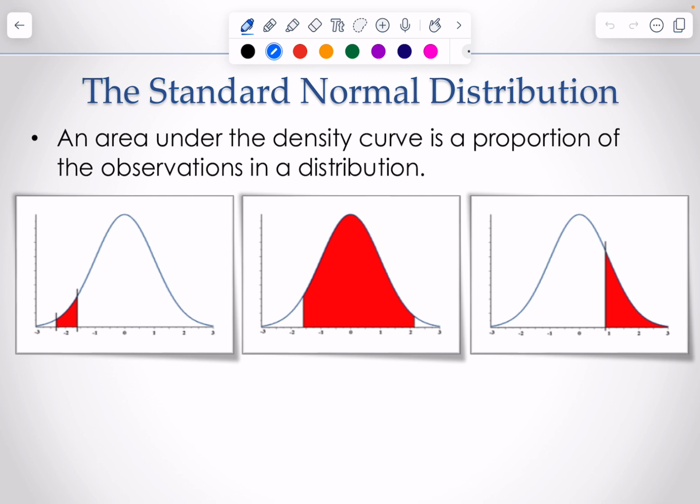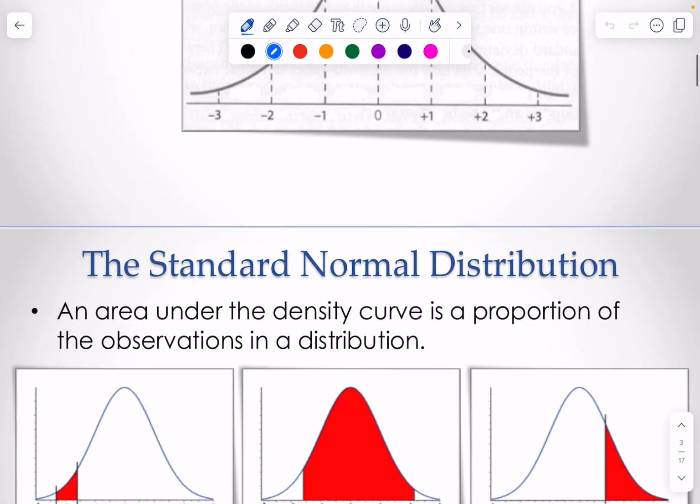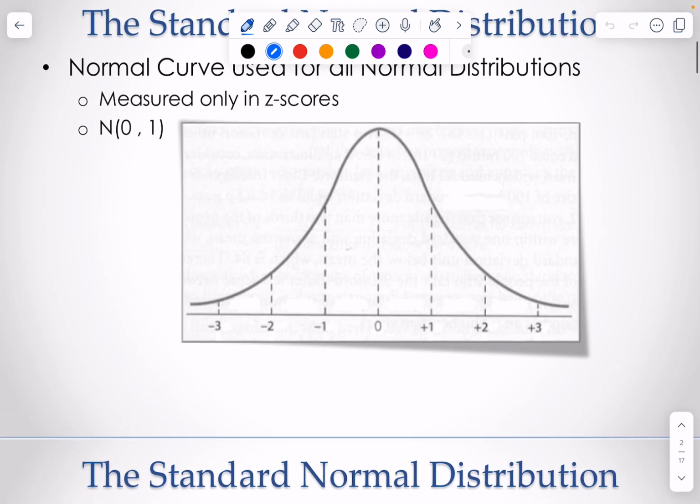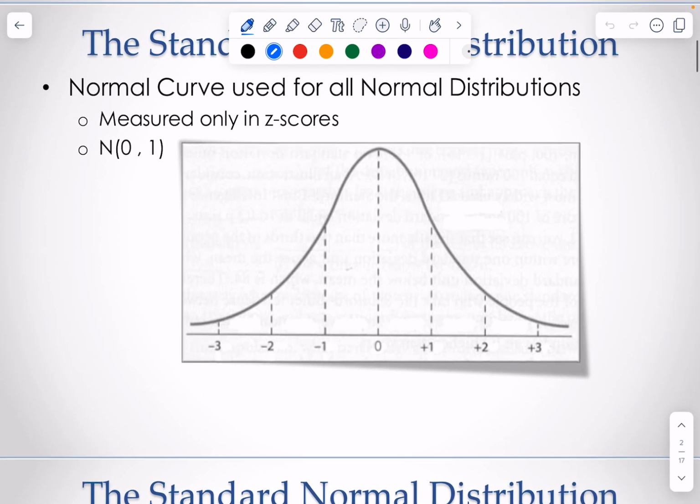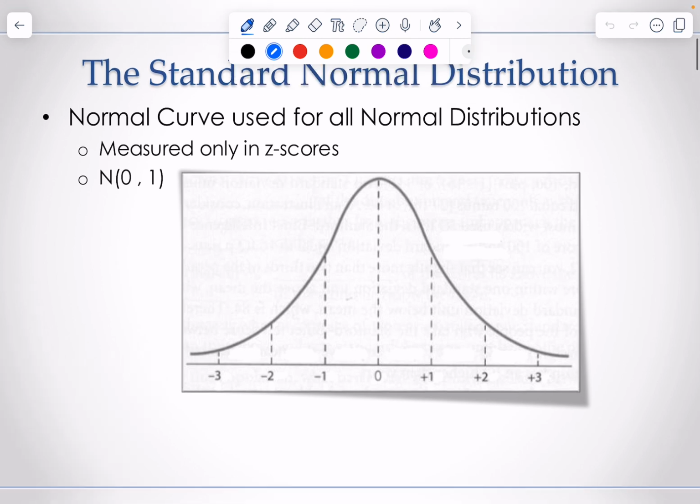And so what we're going to do is take our regular normal distributions and transform them into what we call the standard normal distribution. The standard normal distribution is what we're going to be utilizing. It's a single normal distribution that works for any other normal distribution.